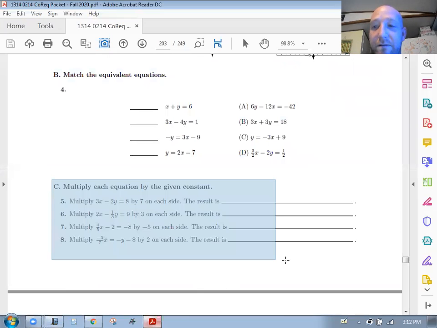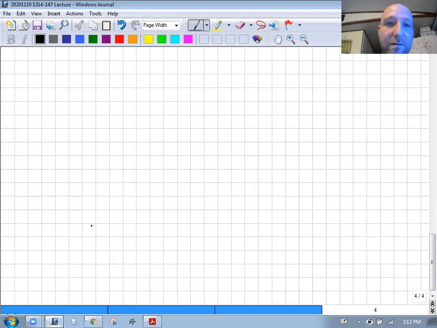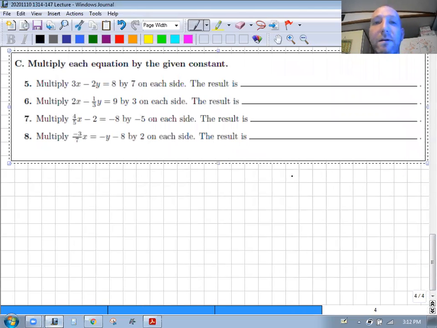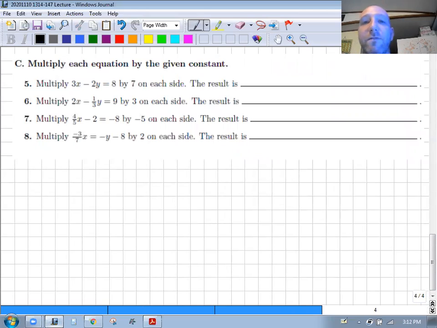All right, this is easy enough. Multiply each equation by the given constant. Multiply this equation by 7 on both sides. 7 times 3x is 21x. 7 times -2y is -14y. And 8 times 7 is 56.